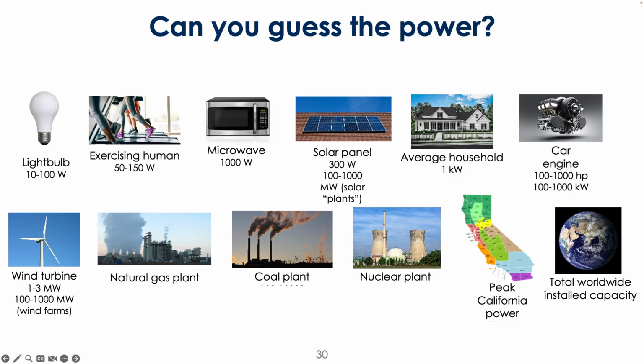And so those are very, very large, substantial wind turbines. And when you think about wind farms, you're on a similar order of magnitude as those solar farms, right? 100 to 1,000 megawatts, but you might be slightly larger on average for wind farms than solar plants.